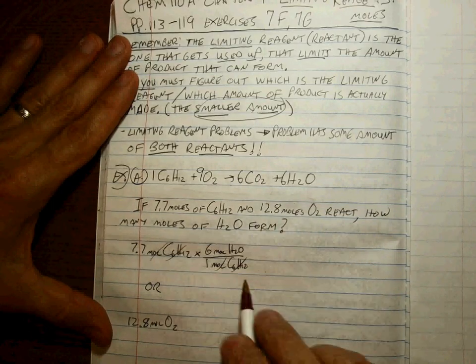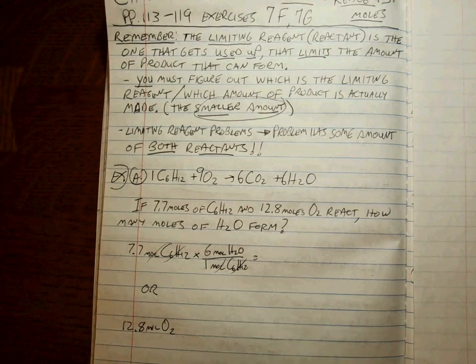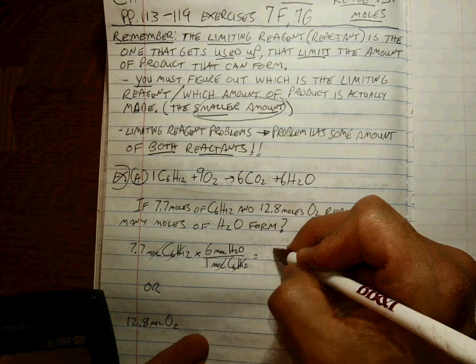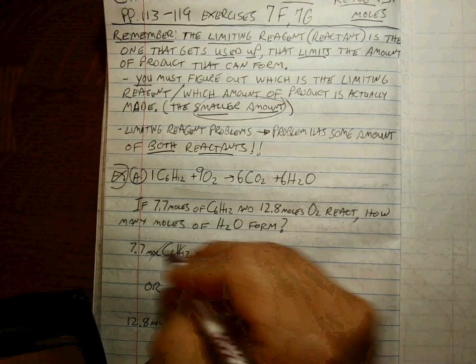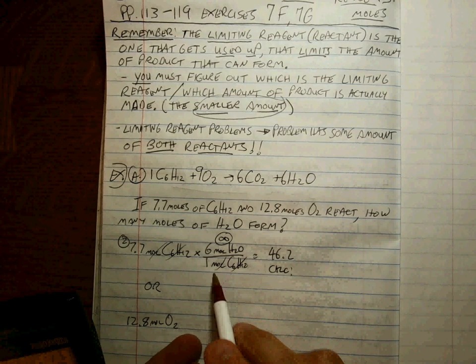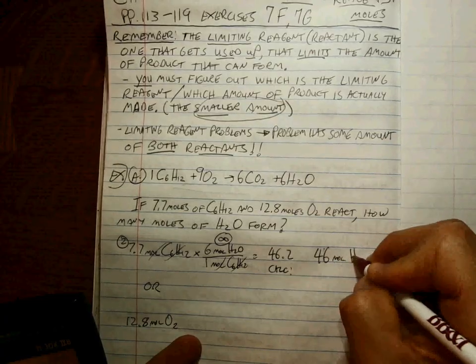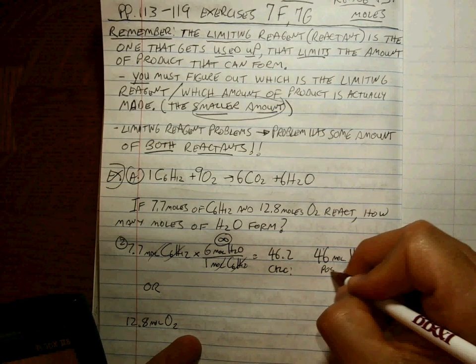Everything cancels here to give you 7.7 times 6. 46.2 is what my calculator says. Since this is 2 sig figs and this is an infinite number of sig figs on the mole-to-mole ratio, we would say 46 moles of H2O possible.